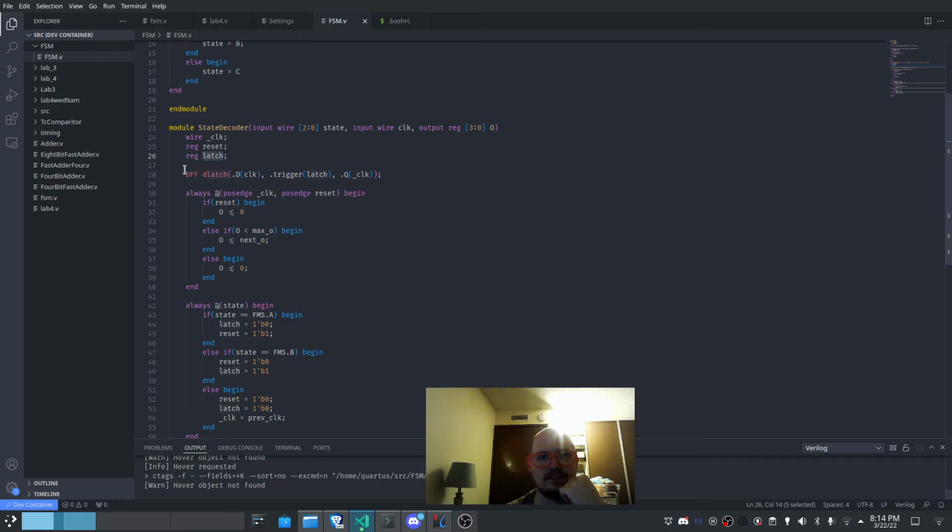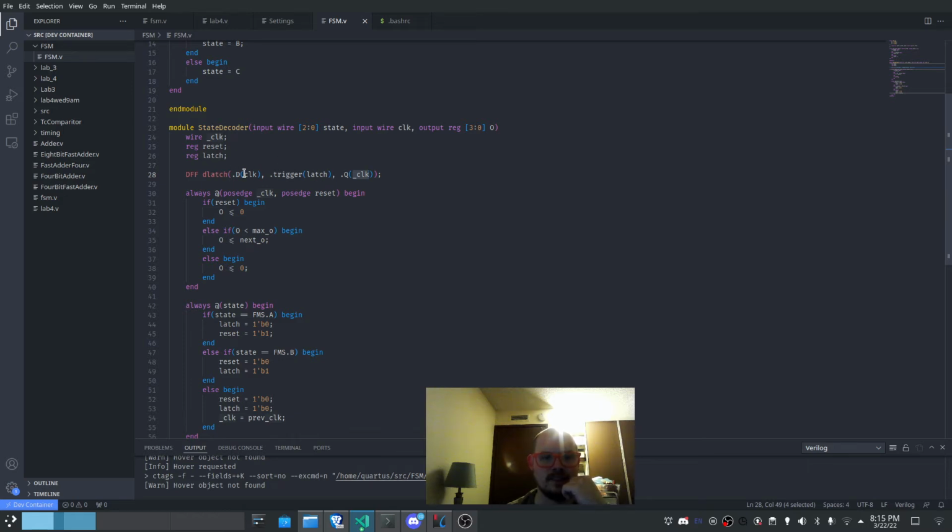Okay, so we talked about latches in the previous lecture. Essentially, what I'm doing here is I'm passing in my clock as the input to my latch. The thing that I'm using to control my latch is just this latch reg here, and the Q value or the output is this underscore clock.